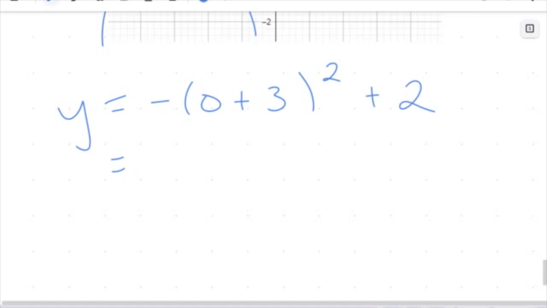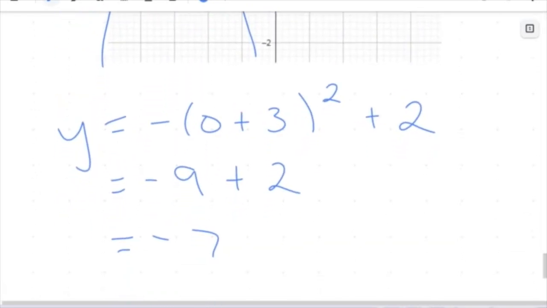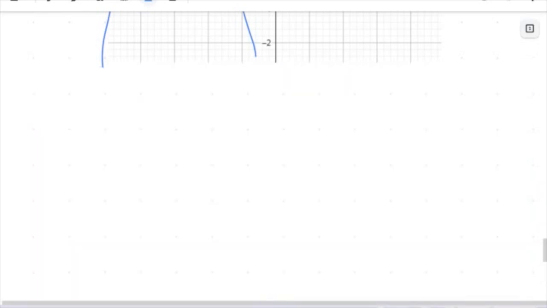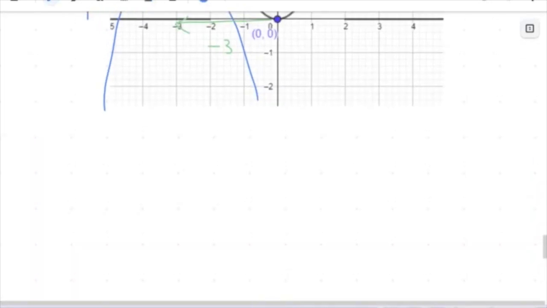Okay, so that's going to give me -3 squared, gives me 9, so -9, plus 2 gives me -7. So this is going to cross the y-axis somewhere down here at -7 units.